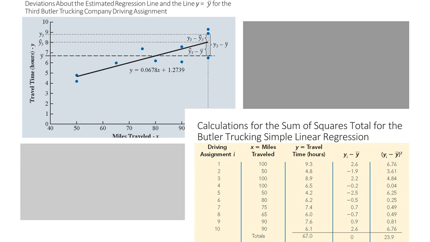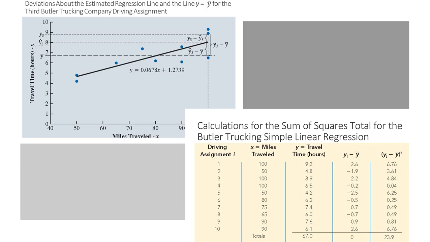If we look at our data again, we now have our y i minus our y bar, and then we take that value squared to get our sum of squares total of 23.9. In the upper left-hand corner, we see a linear regression line that's been fit with an estimated regression equation of y hat equals 0.0678x plus 1.2739.